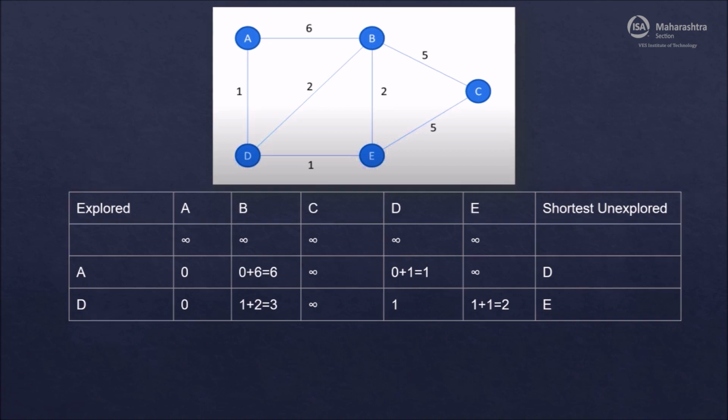The distance from D to C will remain infinity as D is not directly connected to C. The distance from D to D will remain 1 as we have selected that node from the previous one, and it will also not change throughout the table. Distance from D to E is here 1 plus 1 is equal to 2, which is less than infinity. So the value will be 2.